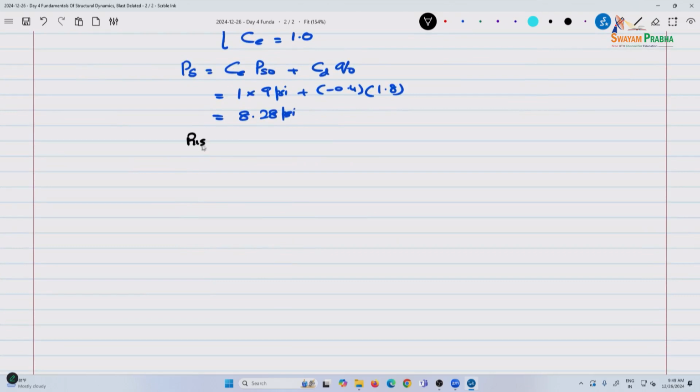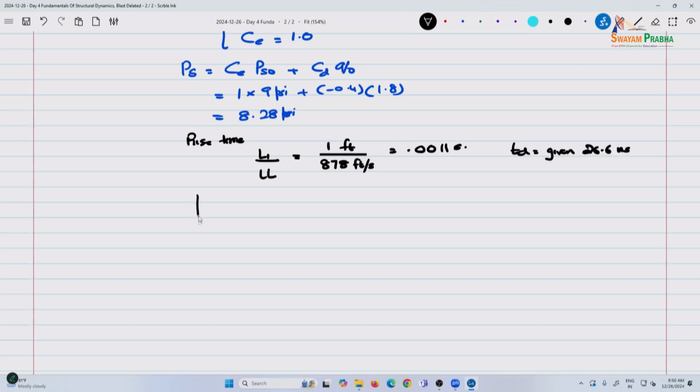Then we have the rise time, which is L1 over U. This is 1 foot, and U was 877 point something. So let's say 870 feet per second. So this is 0.011 seconds, approximately, and TD was given to be 26.6 milliseconds. So notice one thing, there is no negative curve in these.